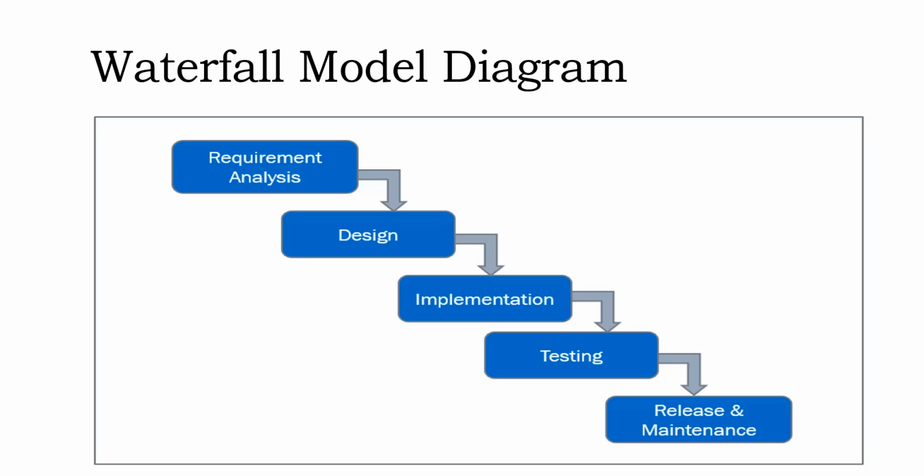One of the advantages is that it is very simple and easy to understand and use. Also it is very easy to manage due to the rigidity of the model, and each phase has specific deliverables and a review process. So getting issues is rare in this waterfall model, and the phases are processed and completed one at a time.